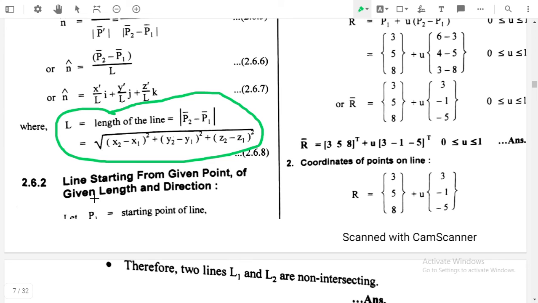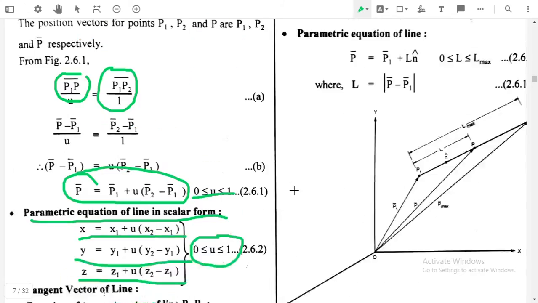Now we have to define the line differently. Suppose the line starts from p1, and we know the length of the line and the direction of the line. Then what is the equation of the line?